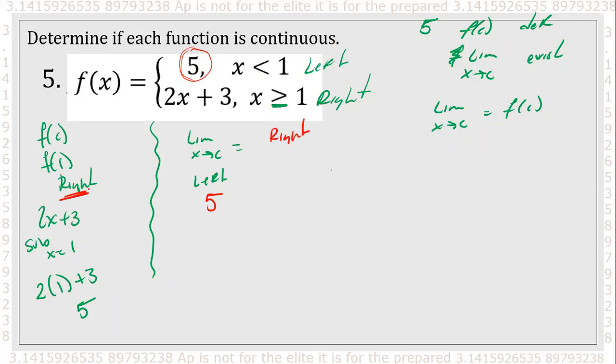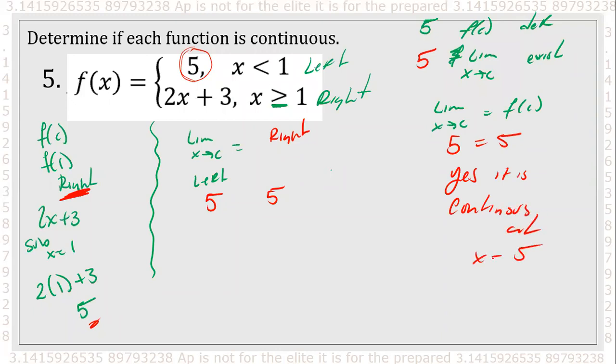Well, on the right-hand side, we just did that. That is 5. Lucky me, it is equal to 5. So my limit does exist. It's equal to 5. So 5 is equal to 5. So yes, it is continuous at x equals 1, sorry.